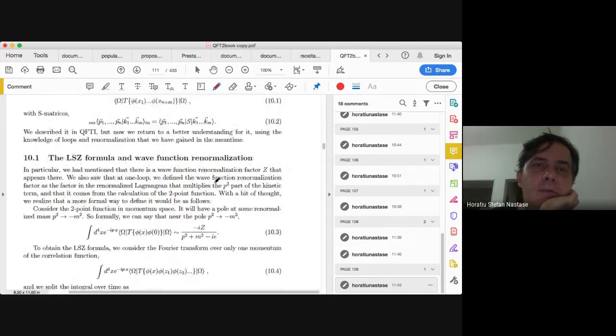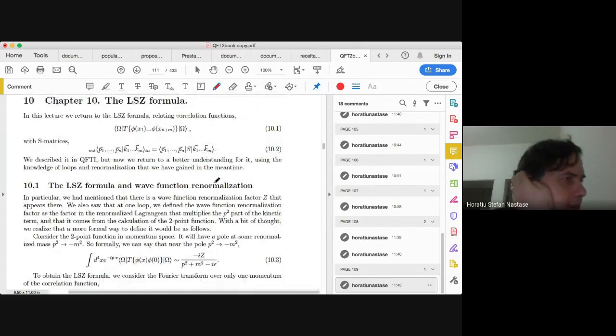So the crucial element that we could not understand well in QFT1 was the renormalization factor Z.